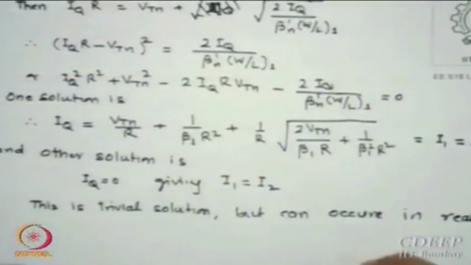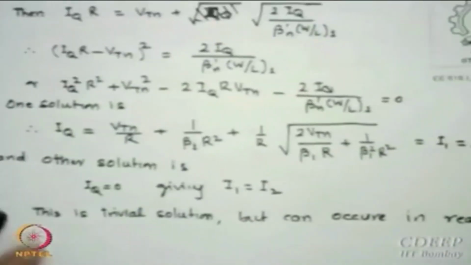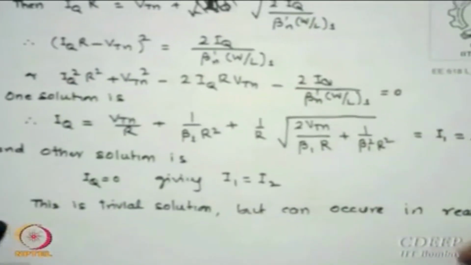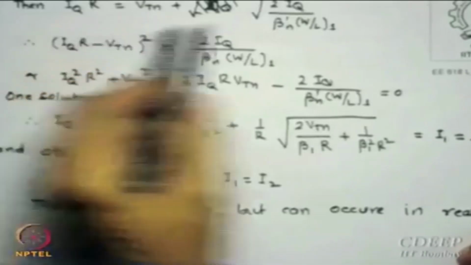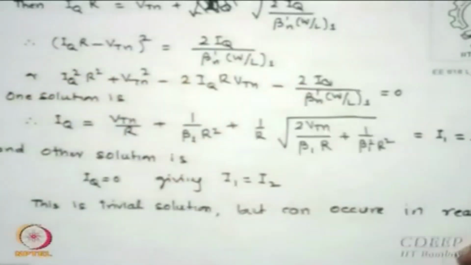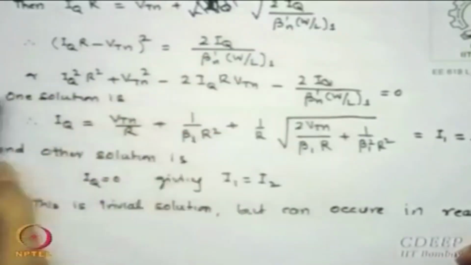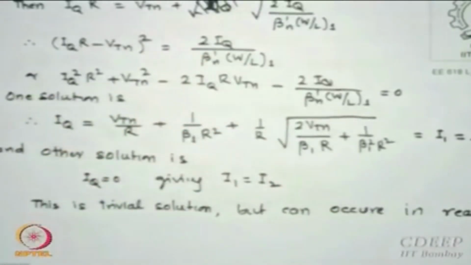So I write therefore I1 equal to I2 equal to IQ, I just substitute I1 equal to I2 equal to IQ. So it is IQR is VTN plus the square root of 2IQ upon beta dash W by L1. I expand this, square it, and I get this kind of so-called first order nonlinear equation, or a quadratic term. And if I have a quadratic equation, I can always solve it by the simple quadratic formula.